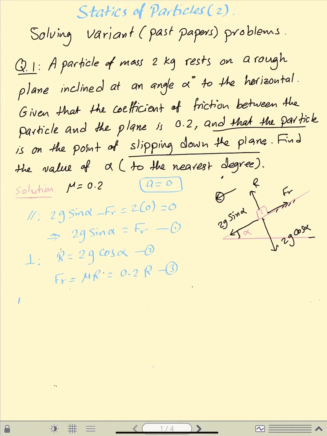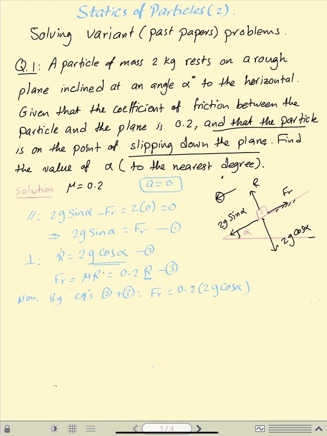So now, by equations 2 and 3, replace R by its value: Fr is equal to 0.2 times 2g cosine alpha.